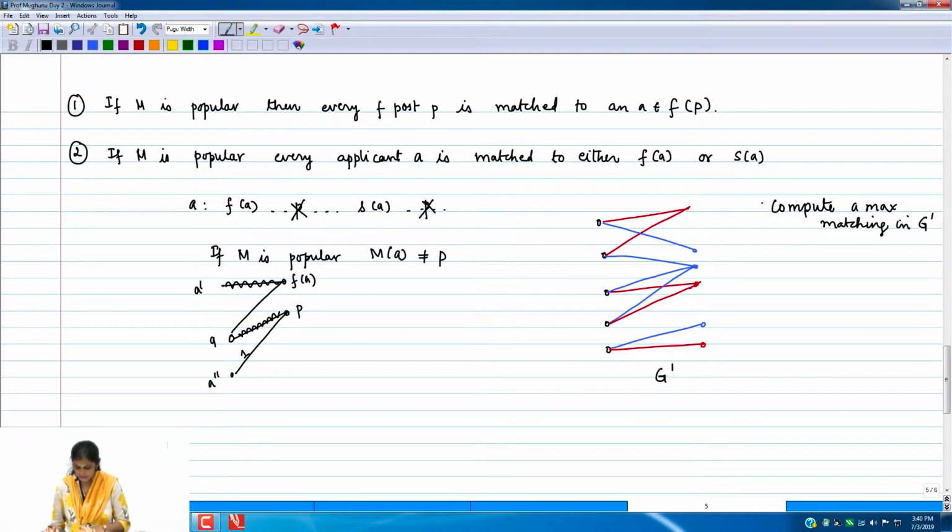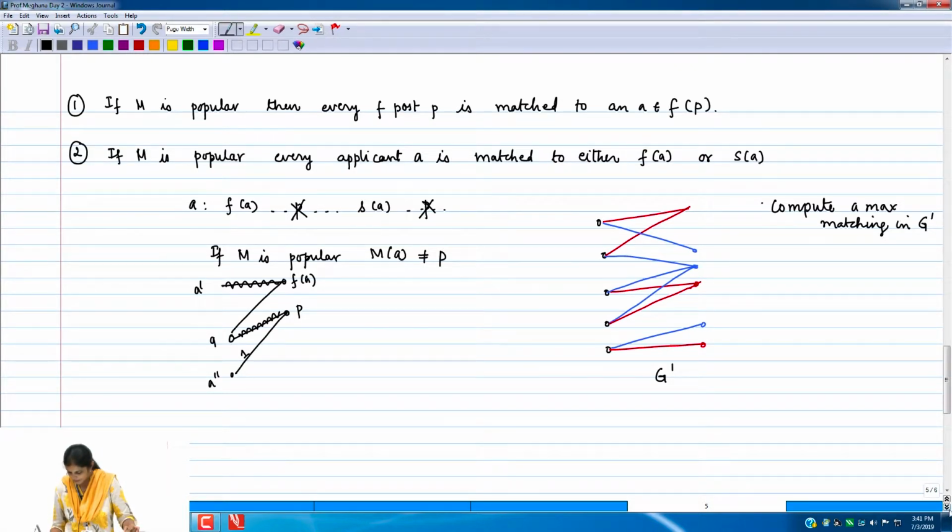Now the maximum matching may be, I mean, we just subject it to a maximum matching algorithm. There are several matching algorithms which can compute a maximum matching, but they do not have any regard to what is an F post and what is an S post, because those algorithms just operate on the graph. Therefore, they will just compute a maximum matching.